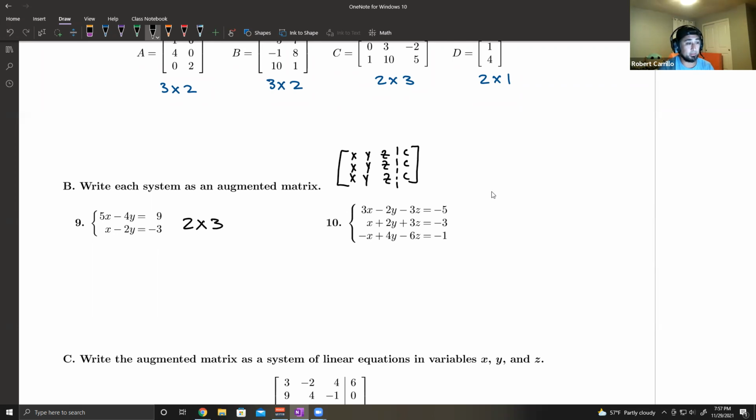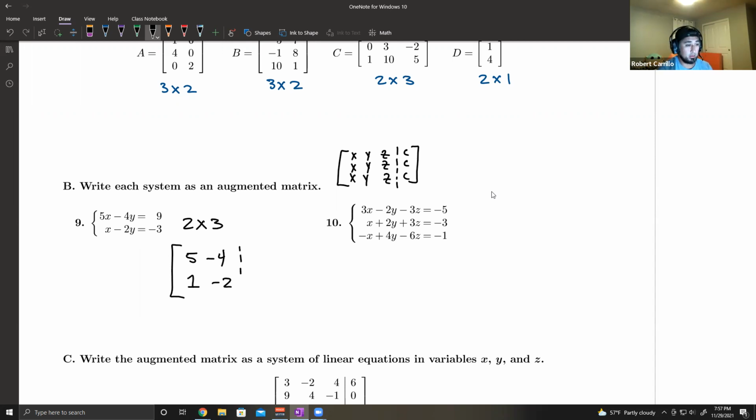So let's set this up. When we convert this system, remember that the first column is for all your x values. Since my first x value is a 5x, I'm going to put 5. And then my second x value is a 1x. So I'm going to put 1. And then we move to the next column for my y's. Negative 4y, negative 2y. I get negative 4, negative 2.